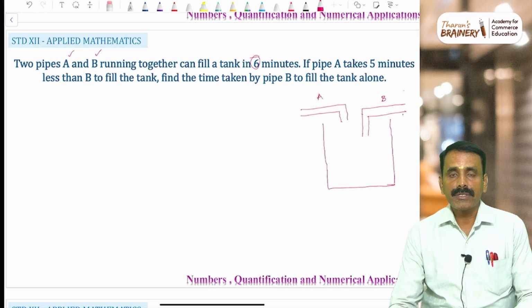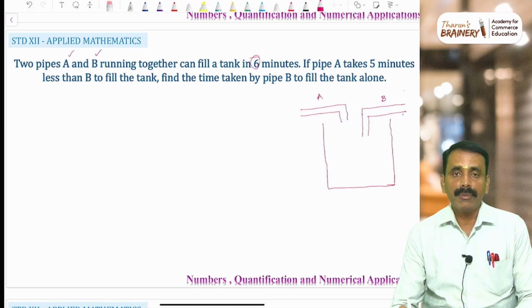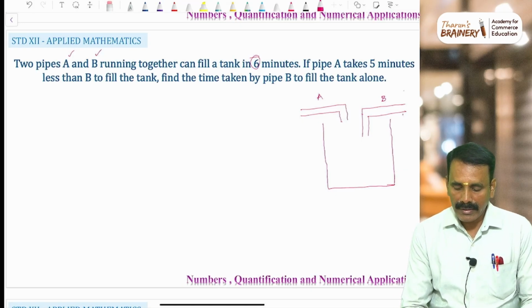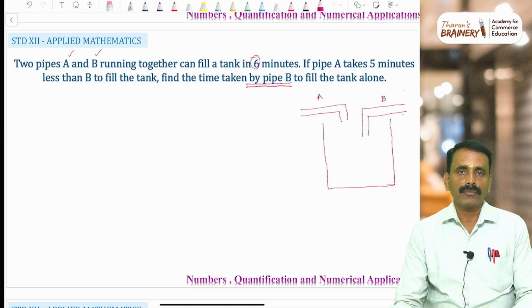Suppose pipe B takes 25 minutes to fill the tank, then pipe A will take 5 minutes less, that is 20 minutes to fill the tank. But we are going to find the time taken by pipe B to fill the tank alone. Is it clear?